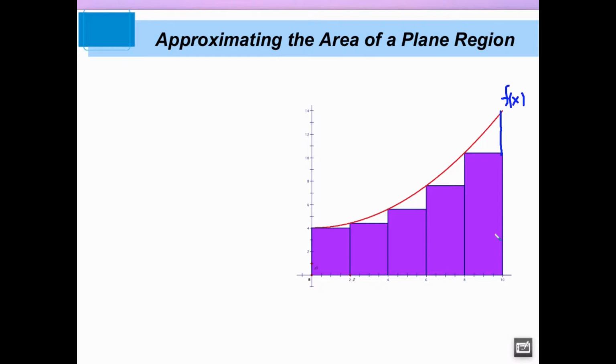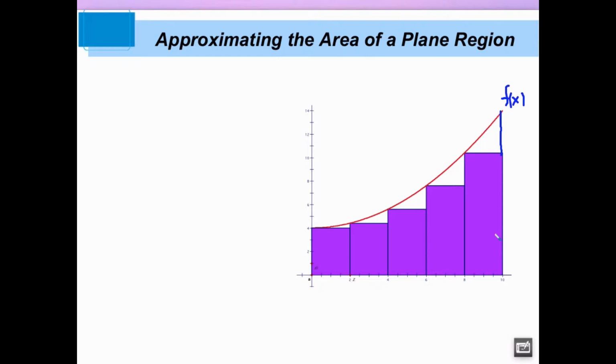Excellent. Now suppose I go from 100 to 200 and I have 20 rectangles. How wide is each rectangle? 200 minus 100 is 100, and 100 divided by 20 is 5. Perfect. Now suppose I go from A to B and I have n rectangles. How wide is each rectangle?